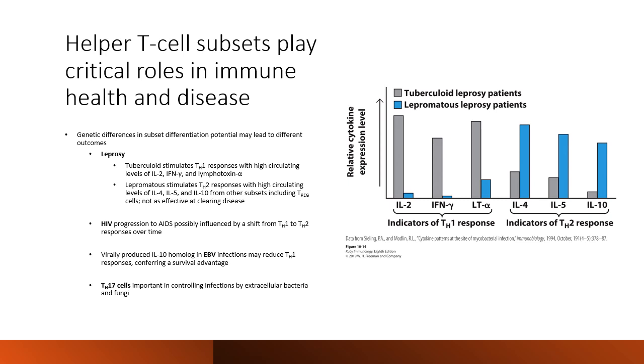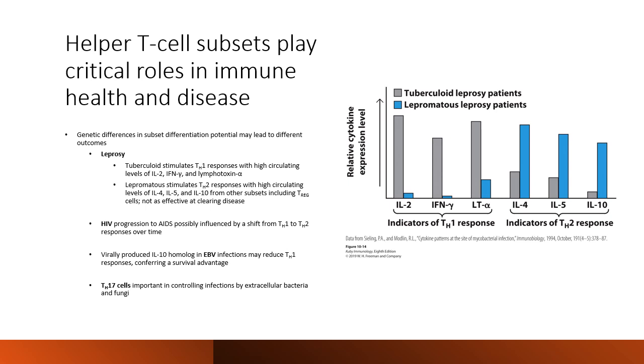We actually also see a difference in HIV progression to AIDS. This is one that doesn't get talked about a lot today, but that's partially because we've really got very good therapies today that control and prevent infection of HIV. So it's better than it used to be.